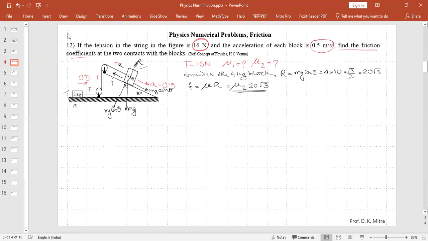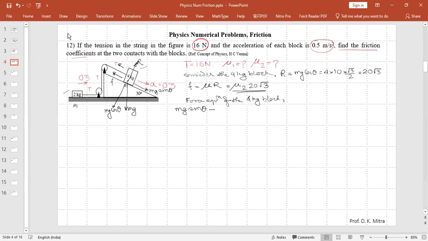Then we write the force equation on the 4 kg block. The downward force is mg sine theta.